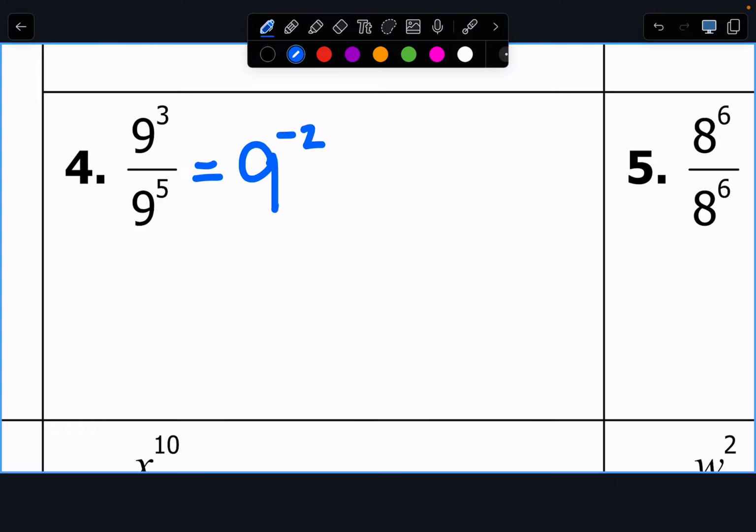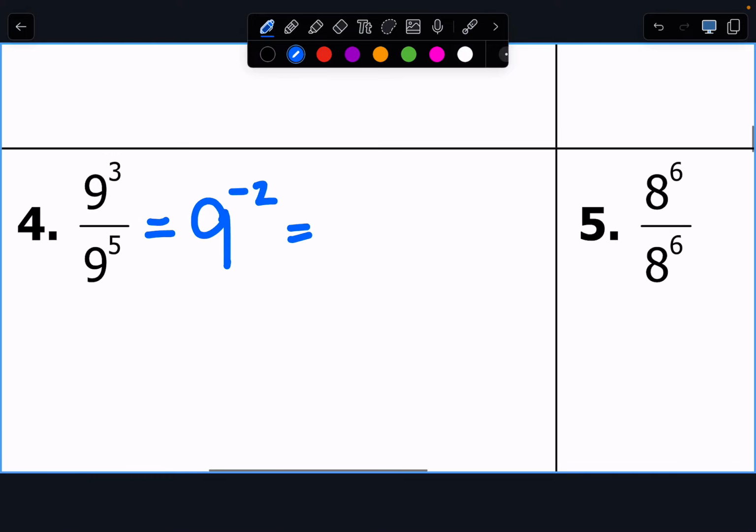Okay, so 9 to the negative 2 becomes 1 over 9 to the positive 2. Which, I mean, we could say, okay, that's 1 over 81, right?